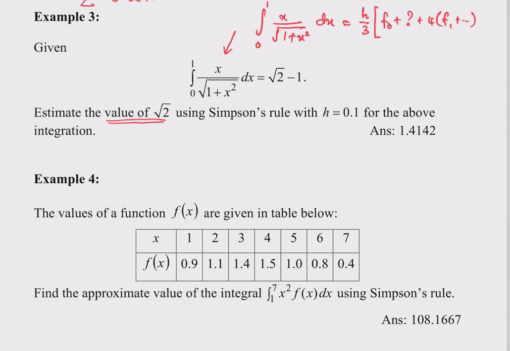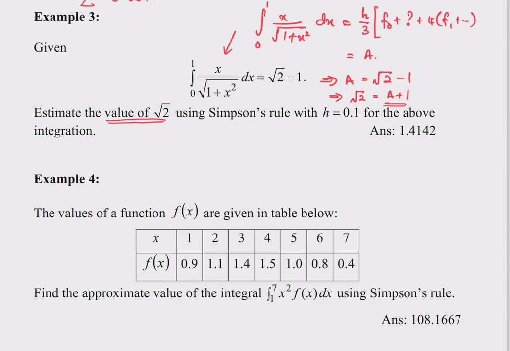When you have this value, let's say it is a, then a is equal to root 2 minus 1, so that root 2 is equal to a plus 1. And then you can approximate the value of root 2, and you can also compare it with the value of root 2 from your calculator.